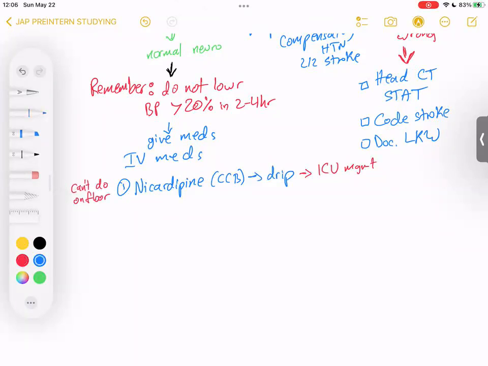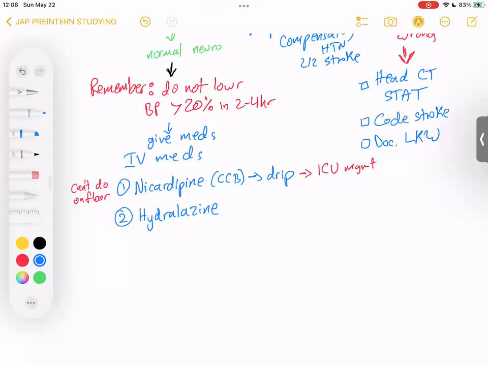Okay, what other options? Nifedipine is just PO. You can't give it IV. Somebody mentioned hydralazine. Yes, hydralazine is a direct vascular smooth muscle relaxant.